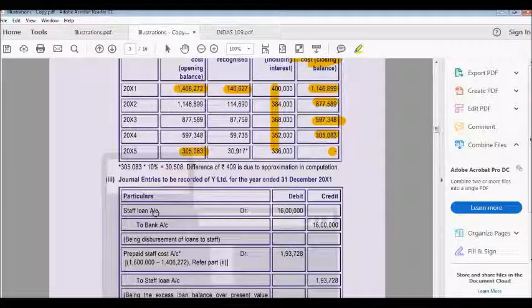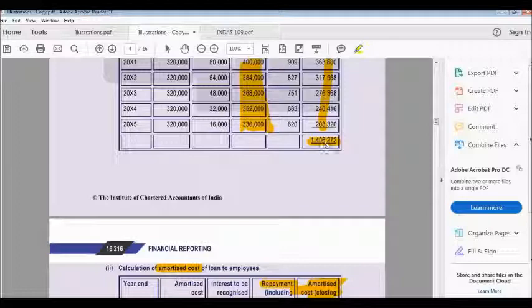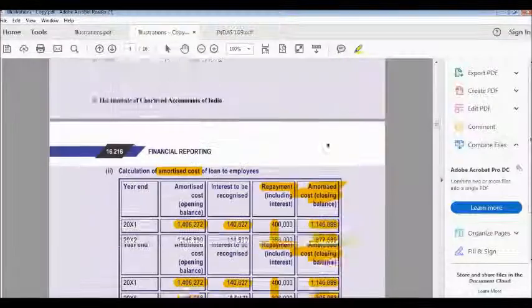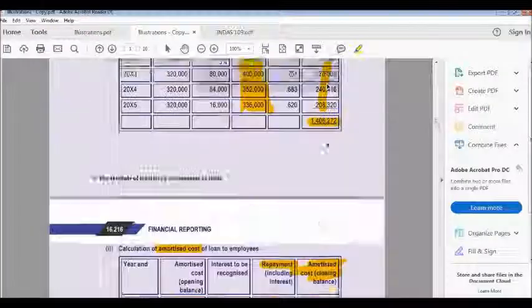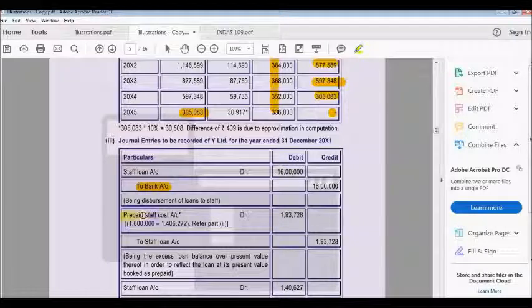In the first year you have given the staff loan of 16 lakh, then staff loan account debit by 16 lakh to bank because you have actually given 16 lakh, and then the difference, that amount should be the initial recognition amount. So the difference between the 16 lakh and this amount will be transferred to the prepaid staff cost account and will be credited by the staff loan.